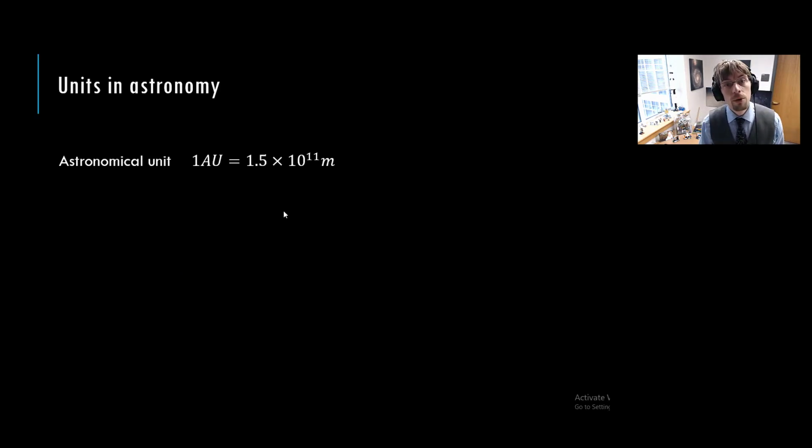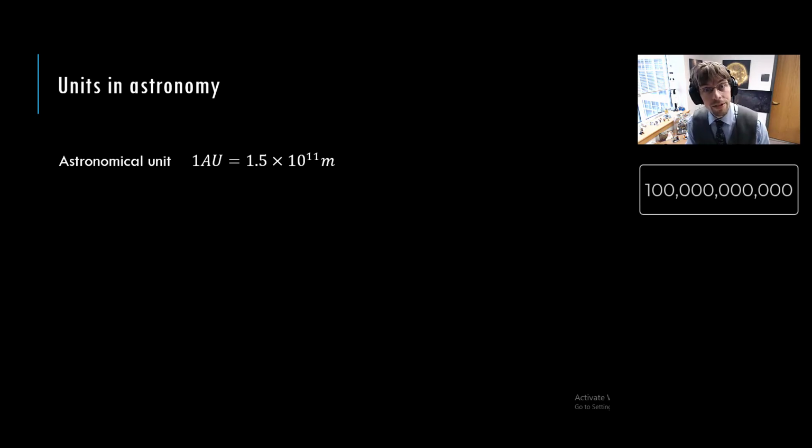To walk you through, the first unit in astronomy that will be of some importance is what's referred to as the astronomical unit. As you see here, we abbreviate it with a capital A, capital U, and it is equivalent to a distance of 1.5 times 10 to the 11th meters. Now, I will assume that you're familiar with scientific notation. This 10 to the 11th, that's a 1 followed by 11 zeros.